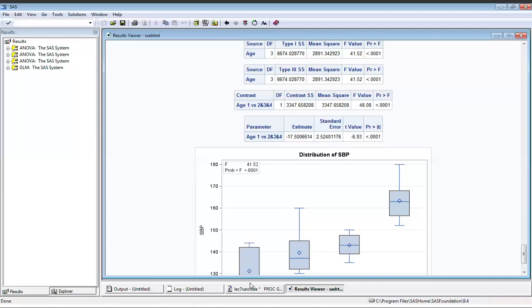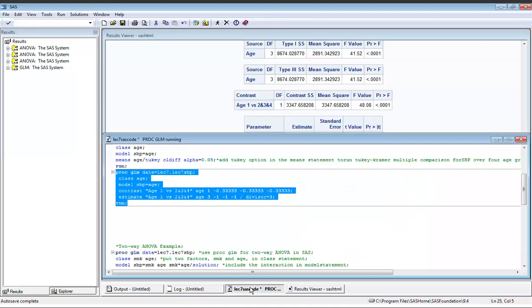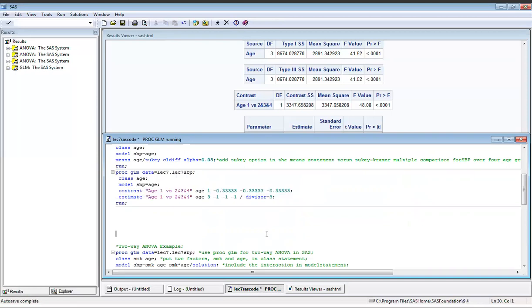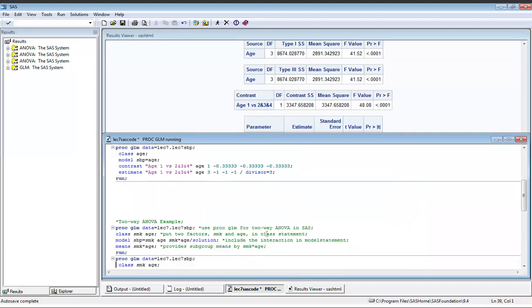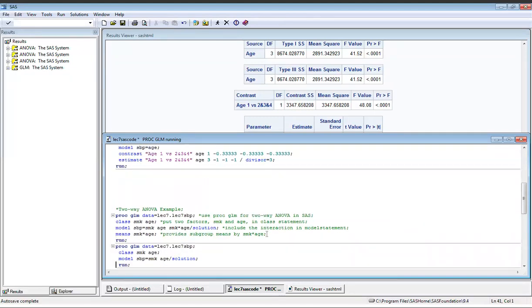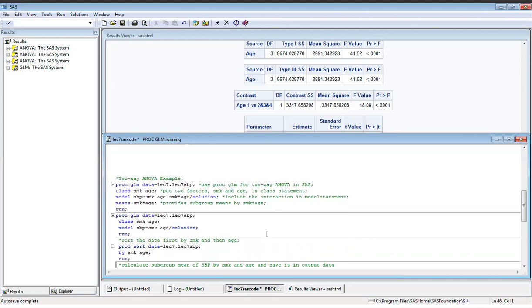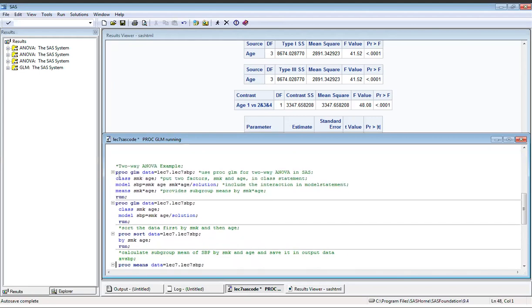All right. So these are basically all the test results, the SAS code and SAS output for one-way ANOVA. And then for two-way ANOVA, we're primarily using the procedure called PROC GLM.